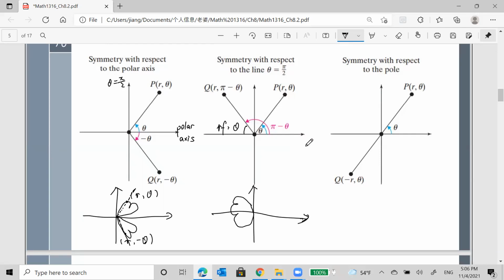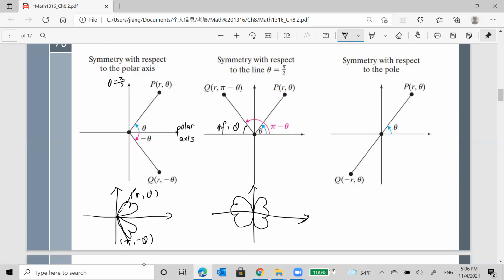And then if this is symmetric to theta equals pi over 2, I must have a shape like this. Assume they are symmetric, so it's not symmetric. Let me try to draw a better graph. Okay, just imagine that it's symmetric.